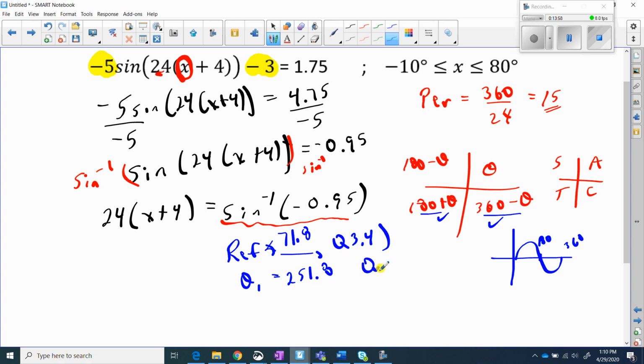The other possibility for this situation would be the angle in quadrant 4, which would be 360 minus 71.8. 360 subtract 71.8, and I get an angle of 288.2. So that's here. So this should look very familiar from what we did in pre-calc 11.